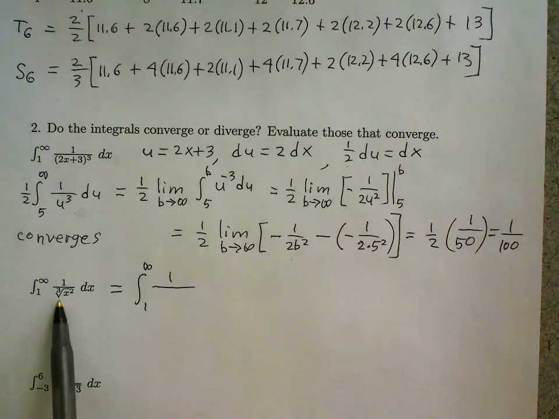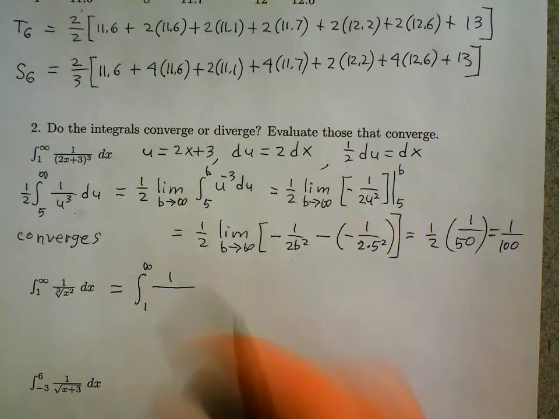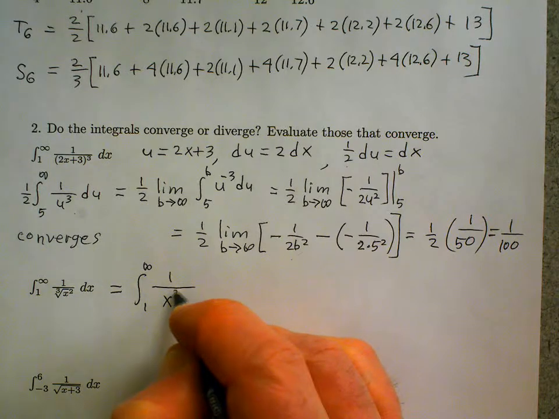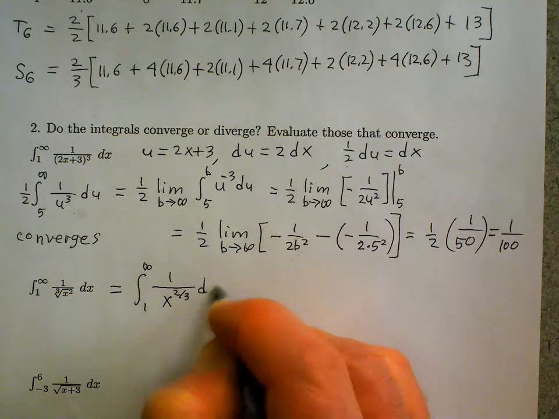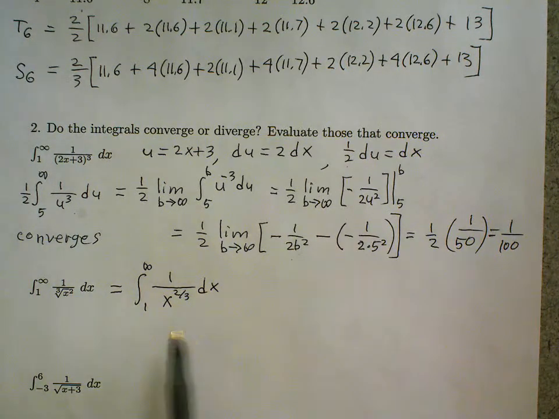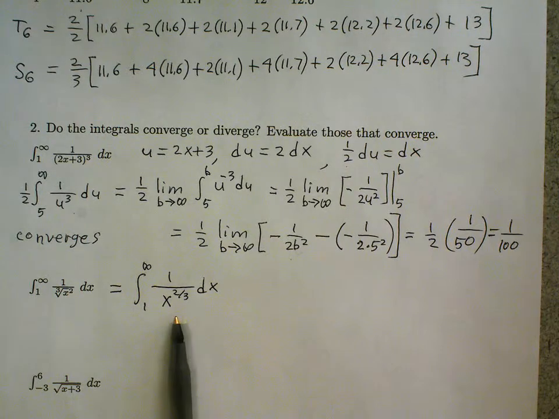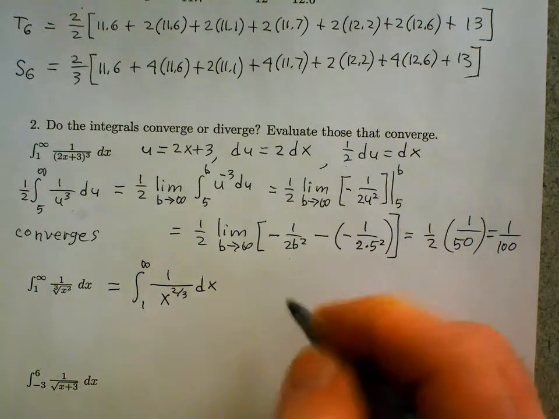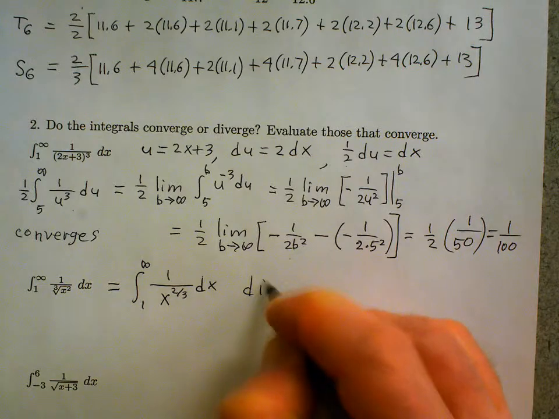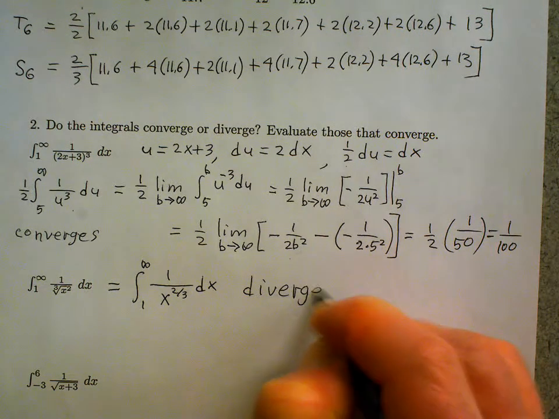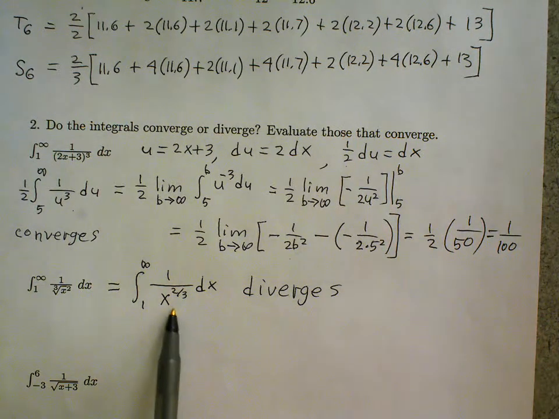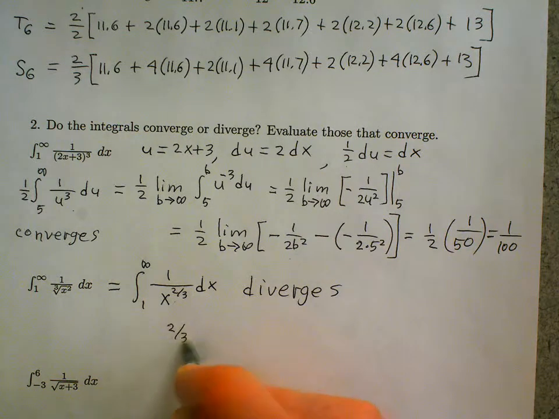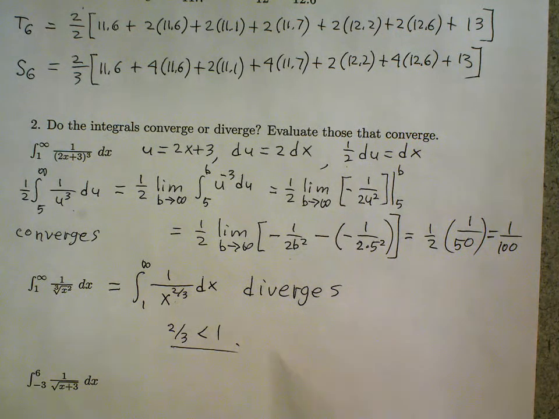The cube root of x squared is x to the 2/3. So we can say that this improper integral diverges, because in the denominator the exponent 2/3 is less than 1. That's how we know that it's going to diverge.